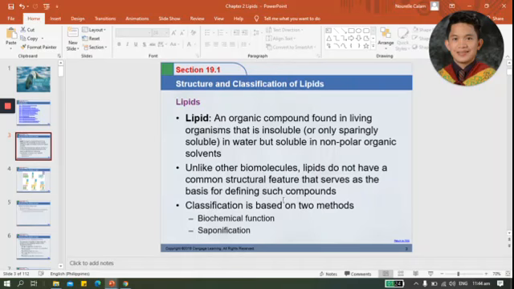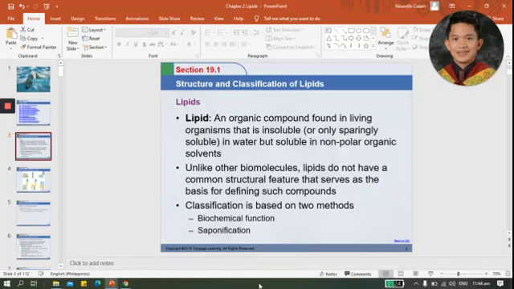Okay, so unlike other biomolecules, like, for example, carbs, wherein classification is easy because you just have to look at their common structural features, that is not true with lipids. However, we classify lipids using two methods.